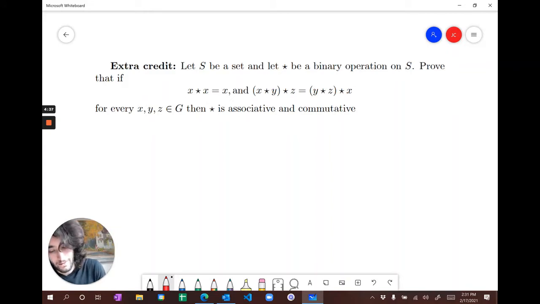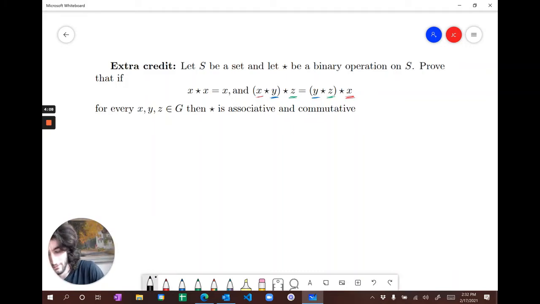And then also we have that any three elements multiplied together this way is the same as the same three elements, but multiplied together in a rather different way. So it's kind of like associativity, but it's definitely not, right? They're in a different order than before. Okay, so with those two properties, then we got to prove that.